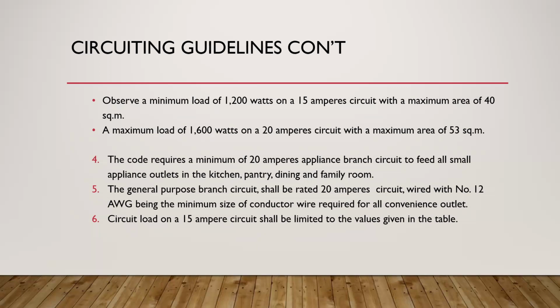So next guideline, the code requires a minimum of 20 amperes appliance branch circuit to feed all small appliance outlets in the kitchen, pantry, dining, and family room. So itong number 4 guideline is minimum amperes na gagamitin doon sa ating power line layout.